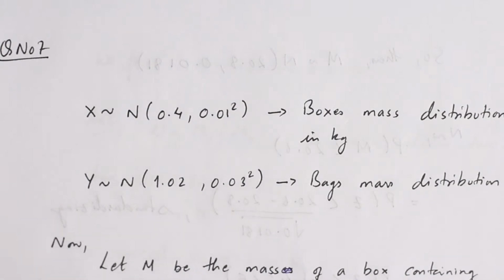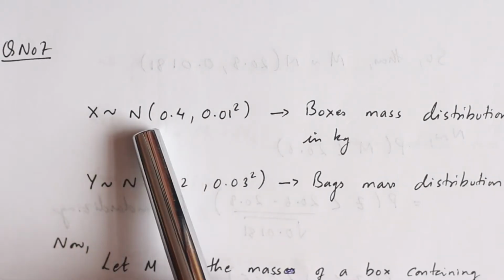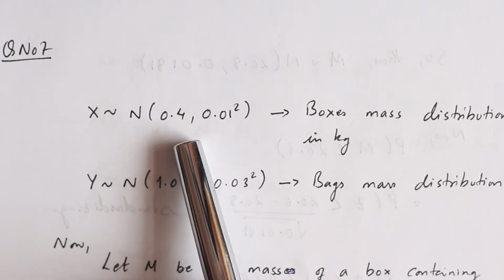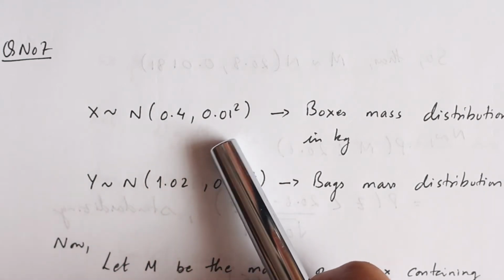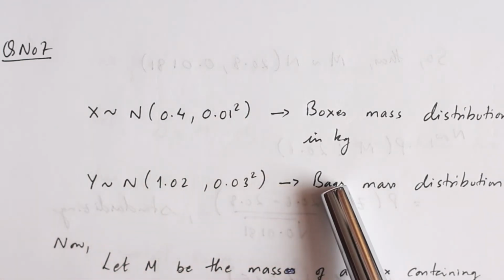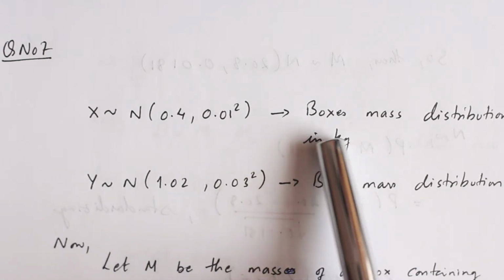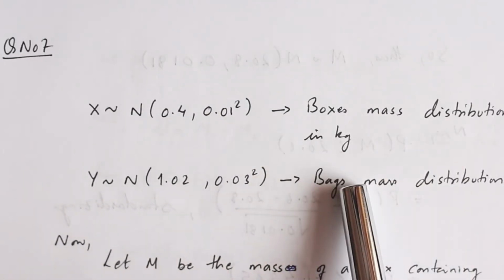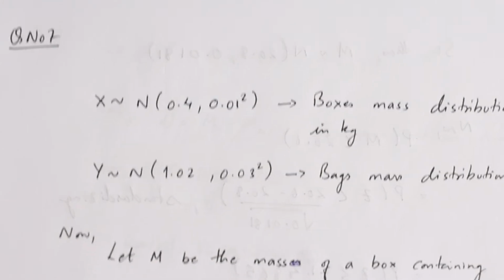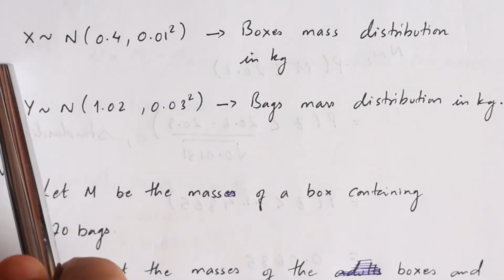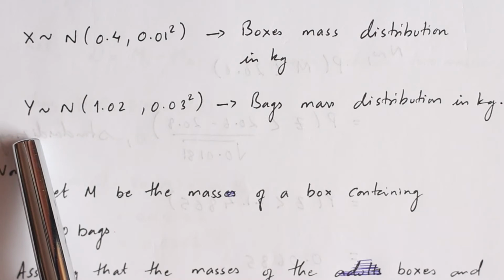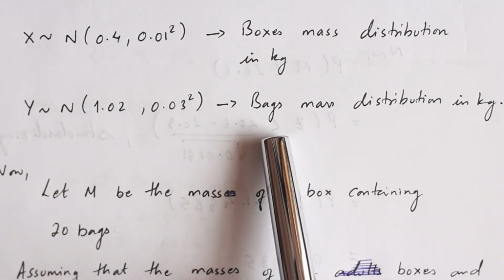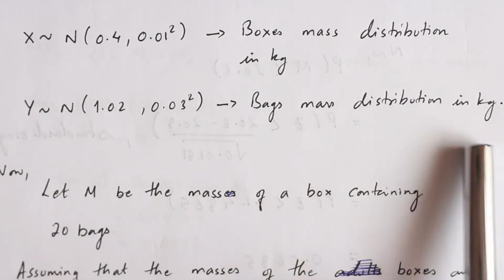Okay, so in this case we are given X has a normal distribution with mean 0.4 and variance of 0.01 squared. So this is a box's mass distribution in kg, and that's represented by variable X, and variable Y represents the bag's mass distribution in kg.